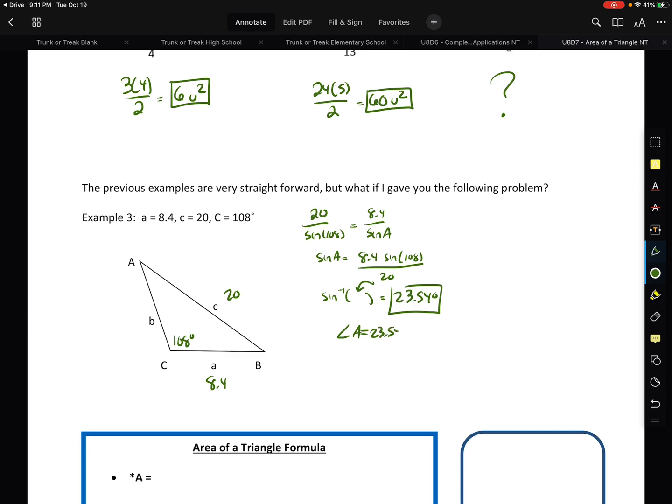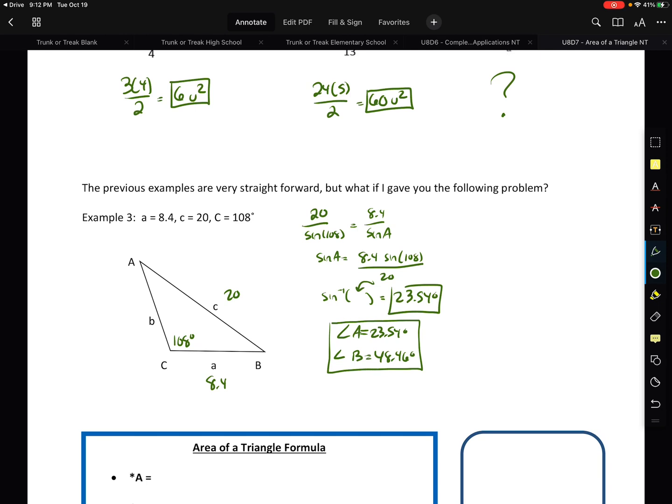So angle A is 23.54 degrees. That would make angle B 180 minus 23.54 minus 108, 48.46 degrees. So I got A and B. What's the last thing I need here?